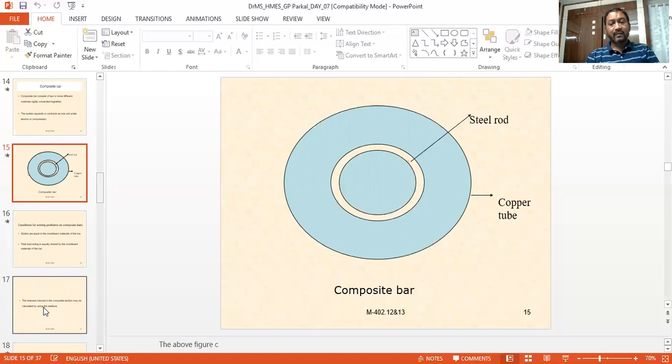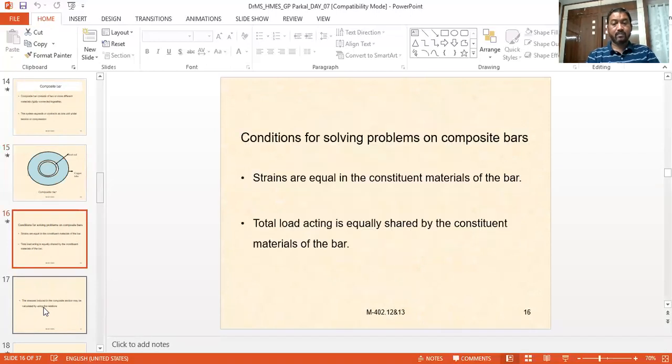Here the copper tube area is different, and that can be found by using the equation. Similarly, the area of the steel rod is different, and that also can be found by using the equation. Now in the case of composite bars, we have some conditions.